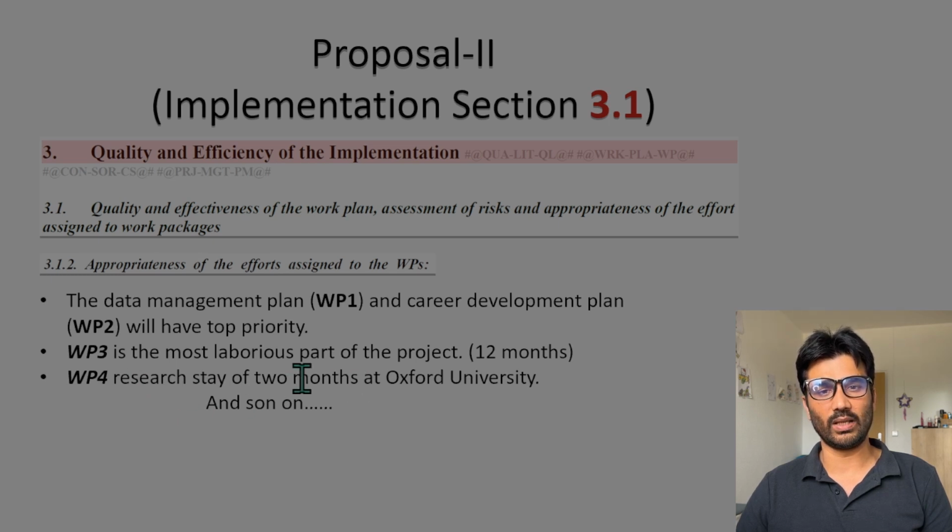I divided my secondment into two parts: the first 2 months in the first year, and then the next 2 months in the next year, and so on. This section is also very important, that you convince the reviewer that your efforts and time are appropriate for each work package that you have mentioned.